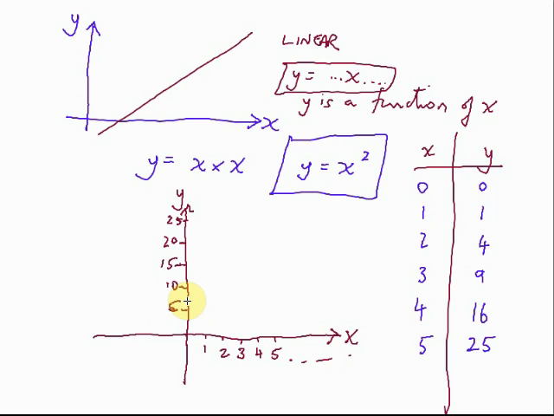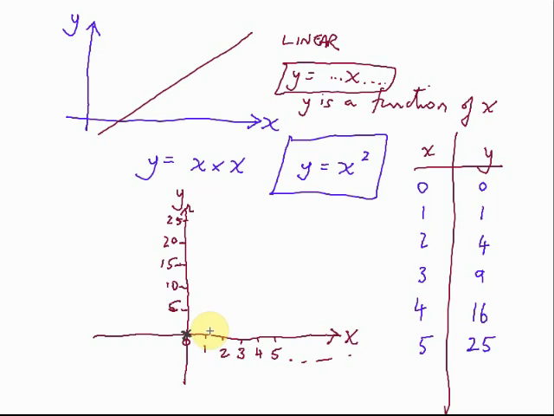Those are our scales. Right, now let's plot our numbers. Well, when x is 0, what's y? Well, y is 0, so it's there, 0, 0, where those two axes cross.